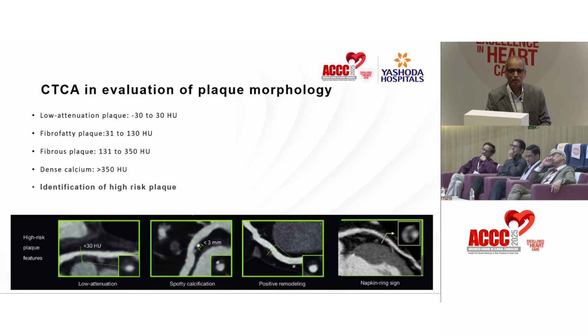If you have any of these four features, this implies that it's a high-risk plaque. Of these four, a low attenuation plaque or a napkin-ring sign are more likely suggestive of a high-risk plaque, which is likely to result in an acute coronary event.